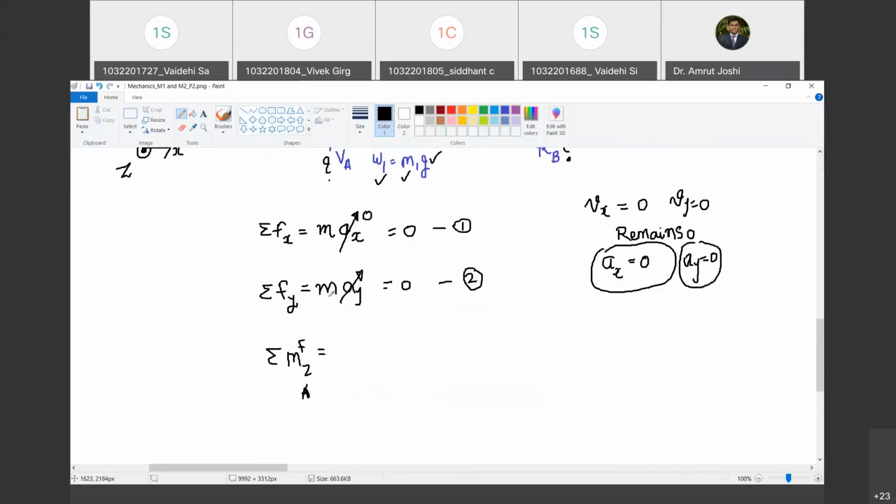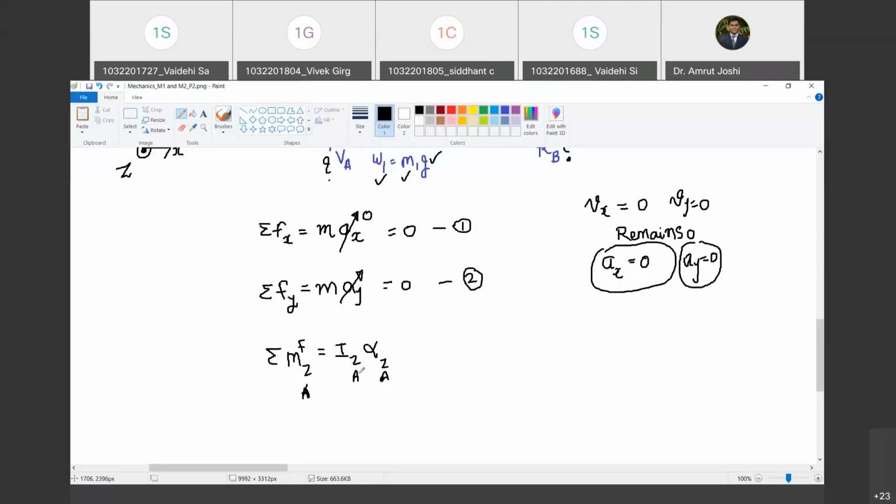Mass will now be replaced by the moment of inertia about the z-axis passing through A, multiplied by the angular acceleration about the z-axis passing through A. Do you agree with me? Yes, sir. This is Newton's second law in the context of rotational motion. Are you with me? Yes, sir.